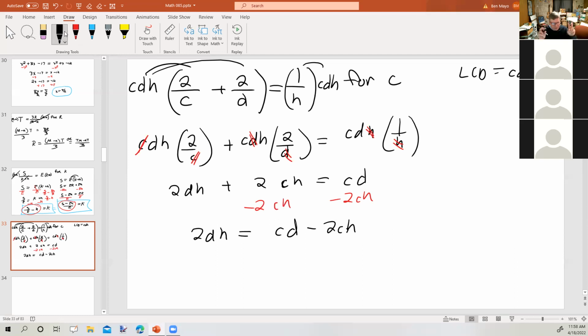So the 2 terms that contain C are together on the same side of the equation. Now comes the trick, if you will, to this problem. We're going to factor out the C from both terms on the right side of the equation.